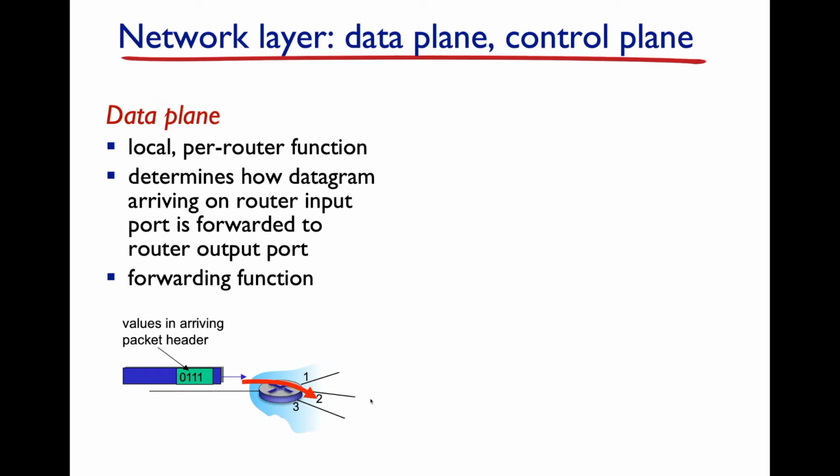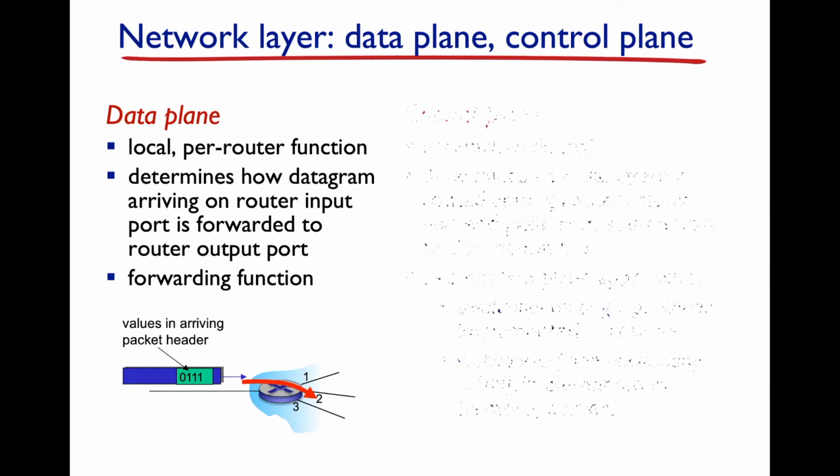A bunch of things happen: the arriving datagram, the examination of the address information, the lookup in a table that associates output ports with address ranges, and then the actual forwarding based on that match, and the physical forwarding out of that output port. That's the so-called forwarding decision, and that forwarding function is referred to as the data plane, and that's a local thing for your router.